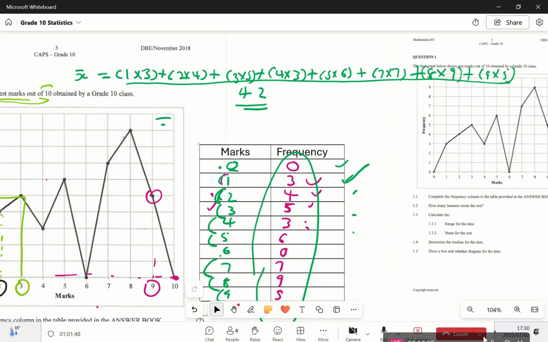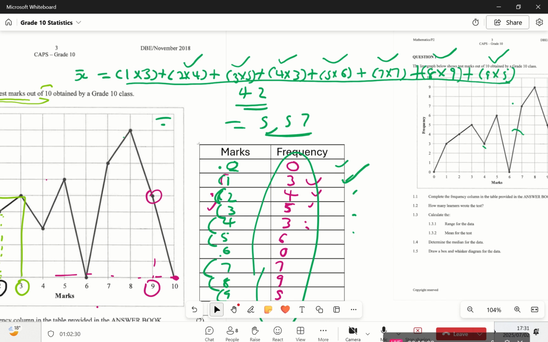So it's 3 plus 8 plus 15 plus 12 plus 30 plus 49 plus 64, 72, plus 45, then this will give us an answer of 5.57.